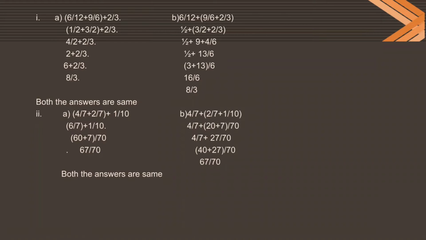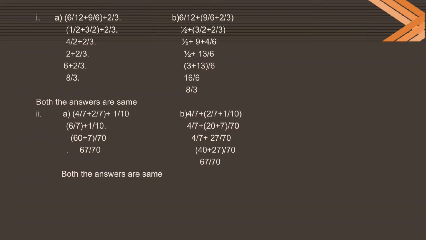First of all, we will see A part. 6/12 we can write as 1/2, 9/6 we can write as 3/2. 1/2 plus 3/2, we will get 4/2, plus 2/3. That is 2 plus 2/3. Now when you take the LCM, you will get 8/3.